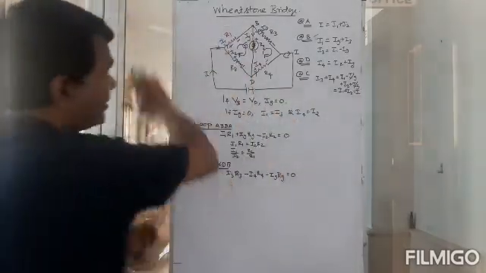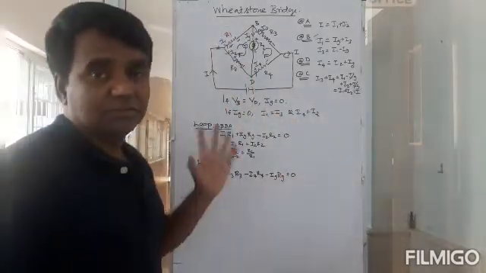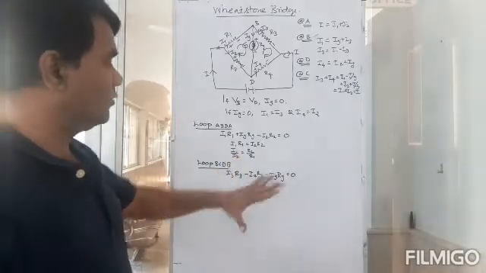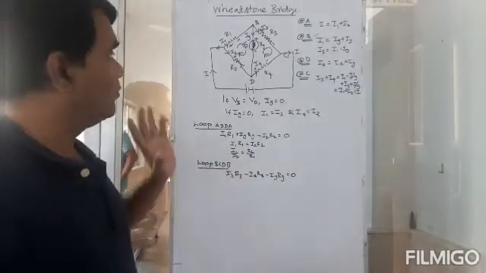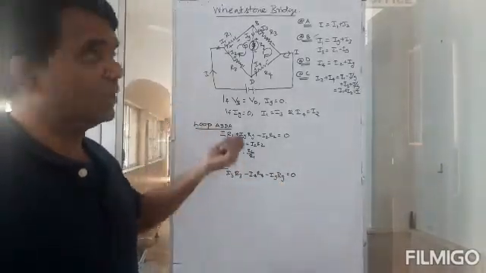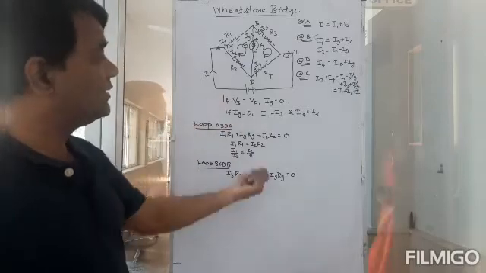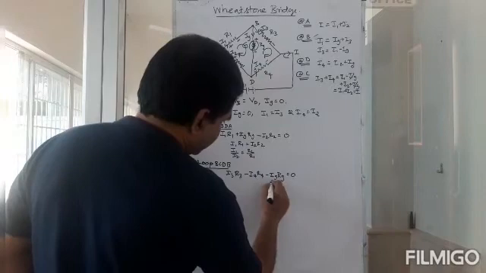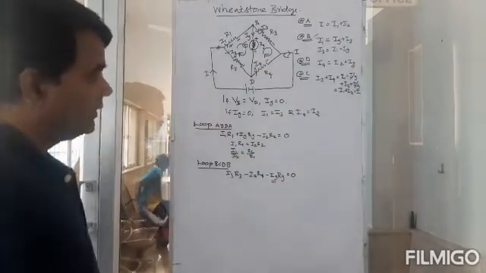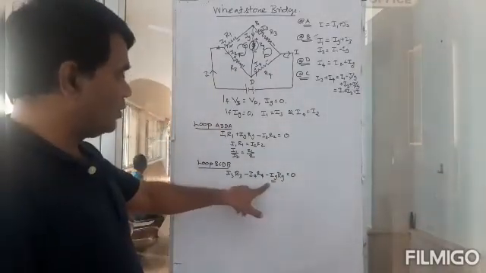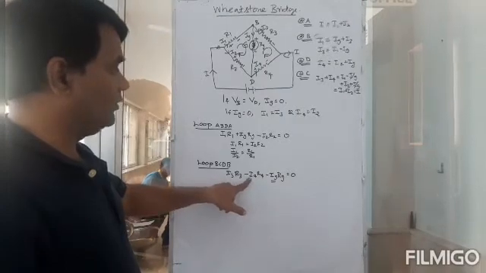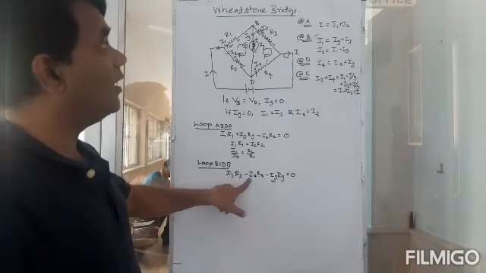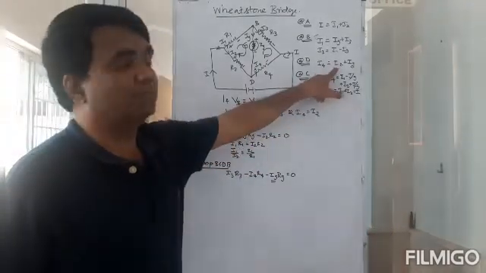This is for all values of Ig. But what have we considered now? I have considered a case where Ig is 0. So this will become 0. If that becomes 0, what will happen to I4? I4 will become I2.